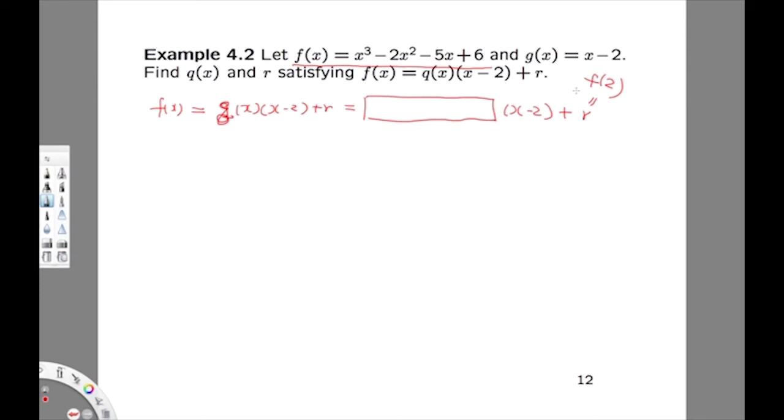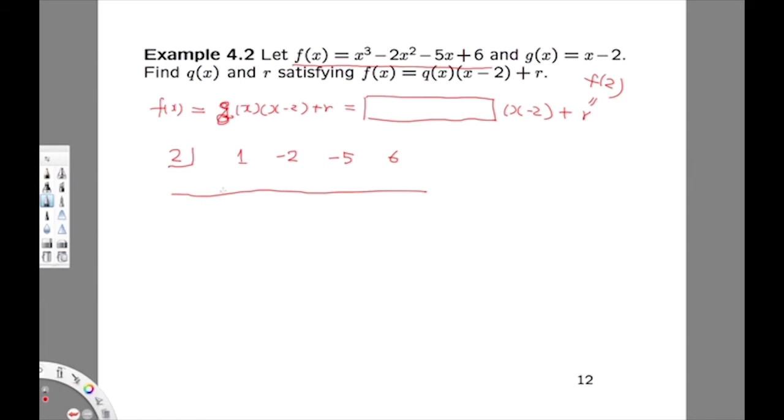In this case, first write 2 on the left corner. Then pick the coefficients of f of x listed in the first row. That is 1, minus 2, minus 5, and 6. I just copied the coefficients of f of x. Then keeping one line blank, draw a line here.